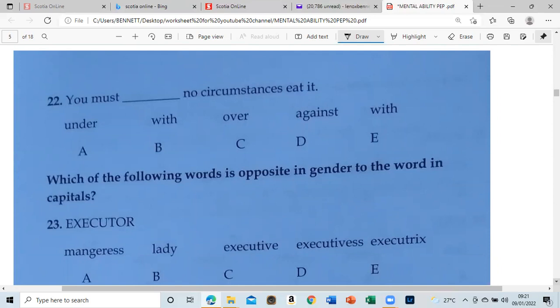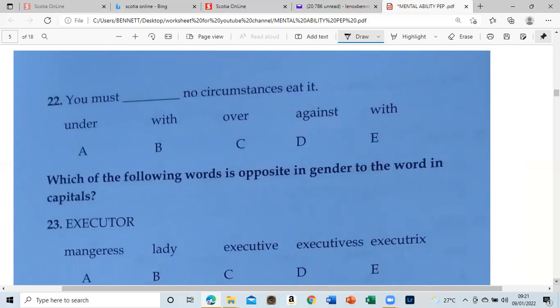All right, number 22: you must blank no circumstances eat this food. You must under no circumstances eat it. Or is it B, you must with no circumstances eat it? Or is it C, you must over no circumstances eat it?